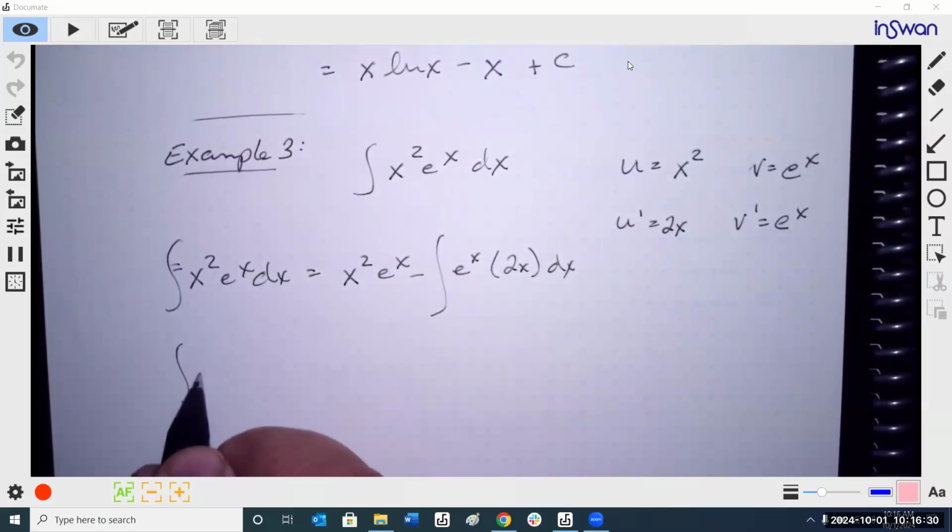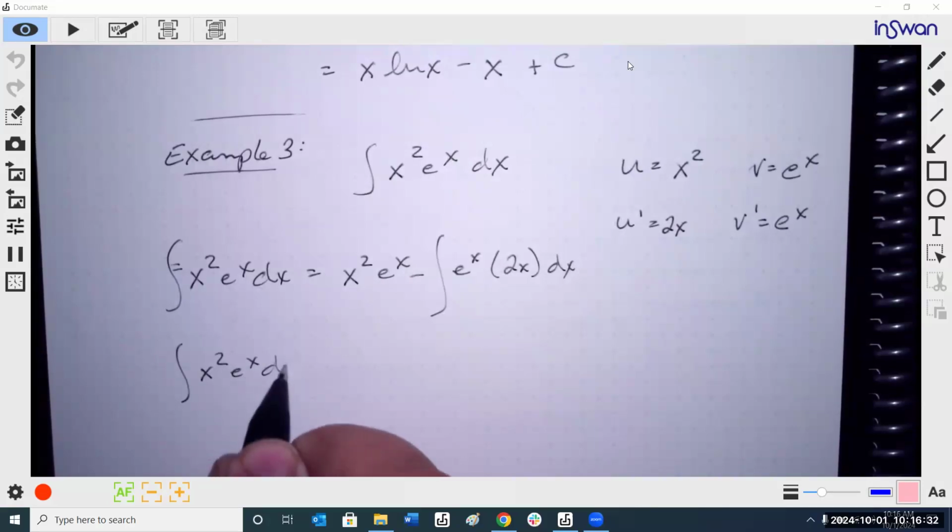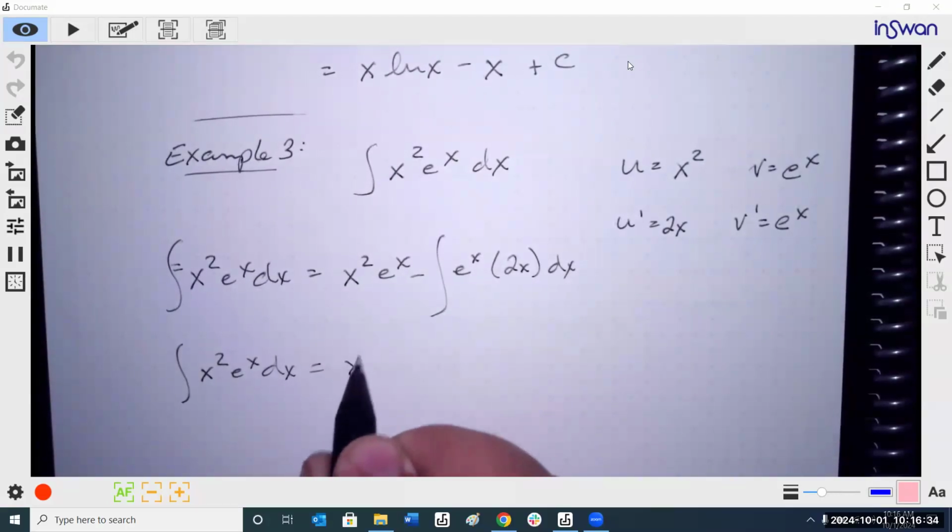So x squared e to the x dx equals x squared e to the x.